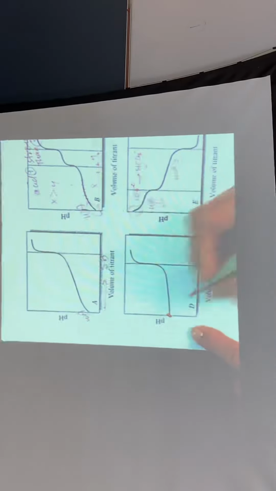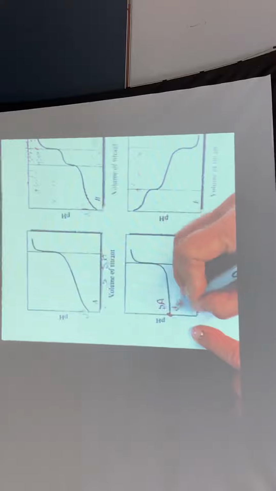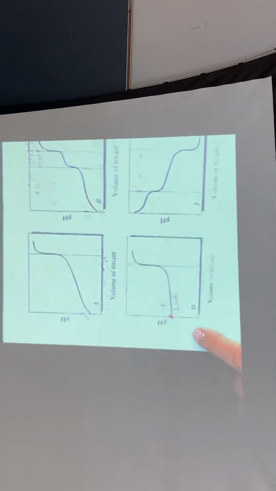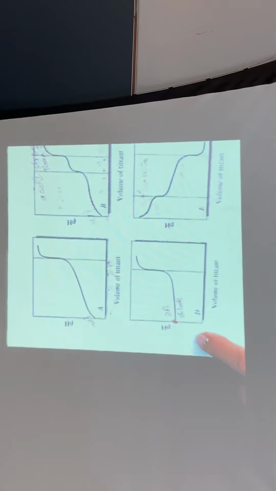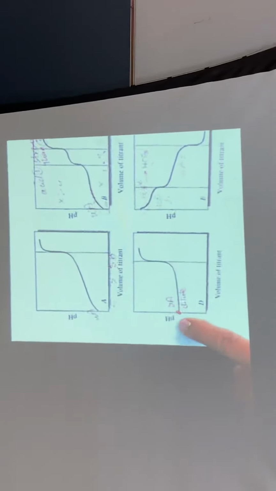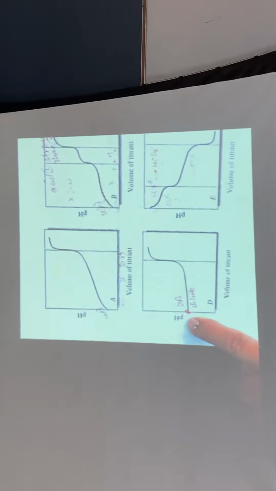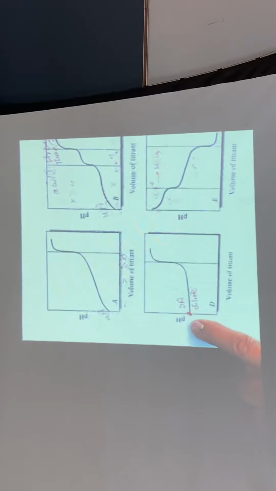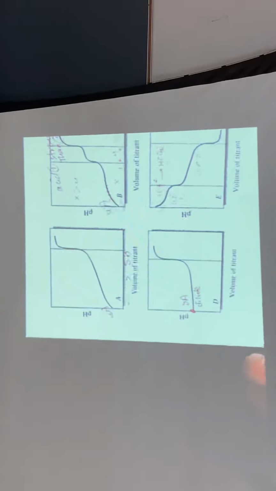This is a strong acid, but it is dilute. Maybe it's 10 to the minus 4th molar, 10 to the minus 5th molar. So this pH is 4 or 5. Doesn't have to be 1 all the time, you know. You make dilute systems. Okay, so that's looking at those. Any questions on that?